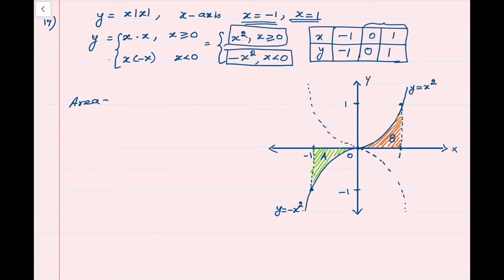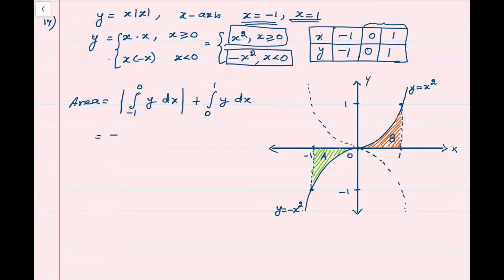Therefore, area is equal to absolute value of integral minus 1 to 0 of y dx plus B area integral 0 to 1 of y dx.